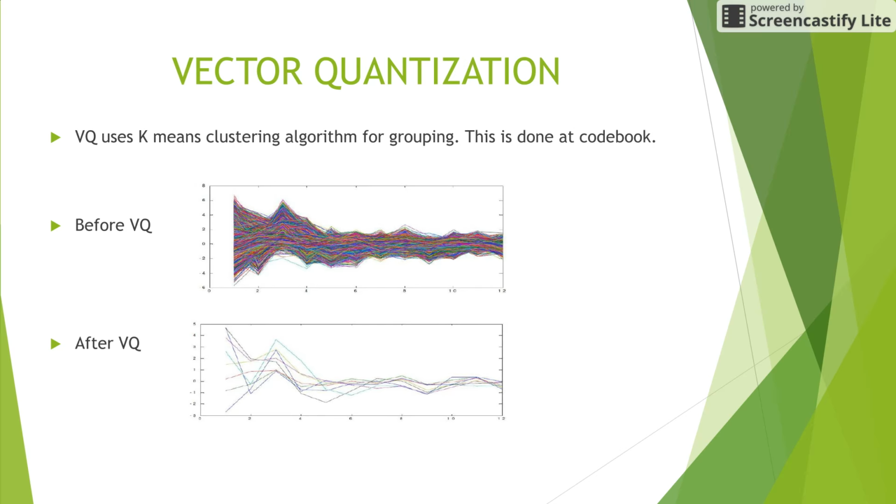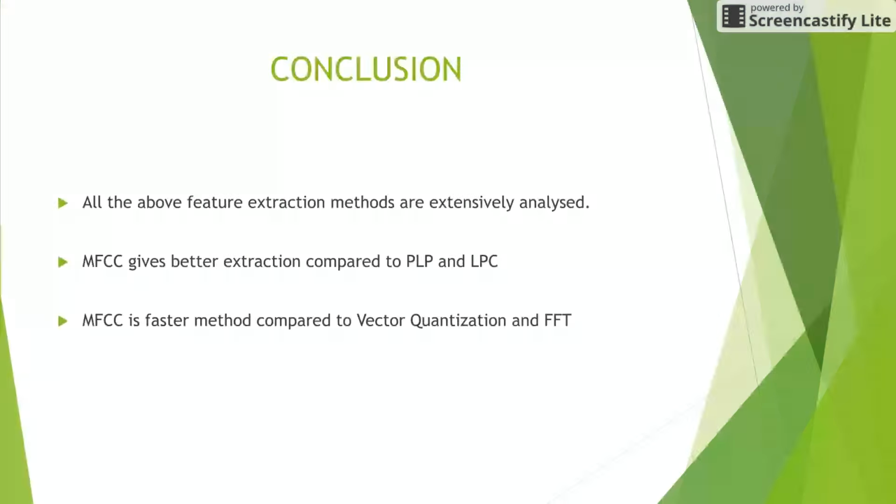And now finally going into the conclusion, this is where all the above feature extraction methods are extensively analyzed, and I've come to the conclusion that MFCC gives better extraction compared to PLP and LPC, for obvious reasons, because MFCC uses the cepstrum algorithm, which is a Fourier transform.